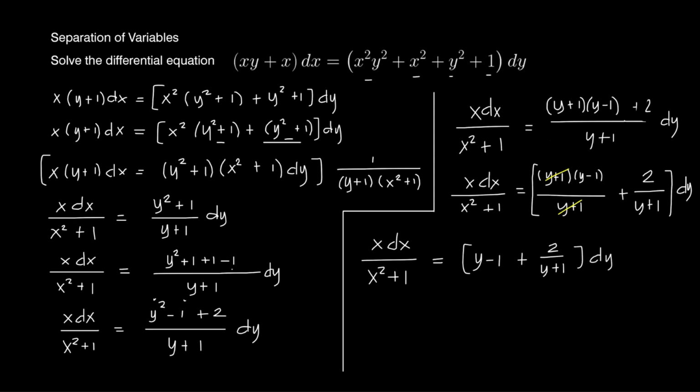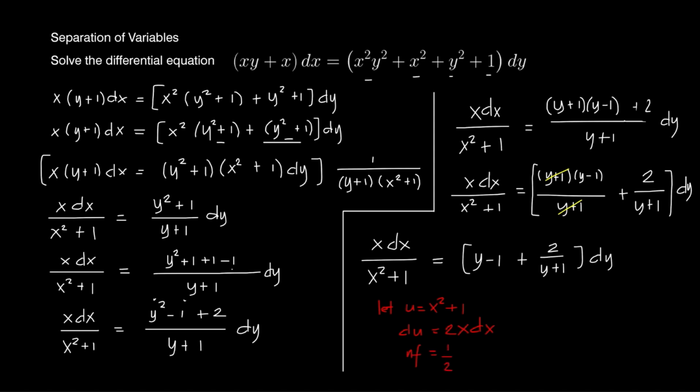On the left, if we let u equals x squared plus 1, then du is 2x dx, and we only have x dx here, meaning we need a neutralizing factor of 1 half.